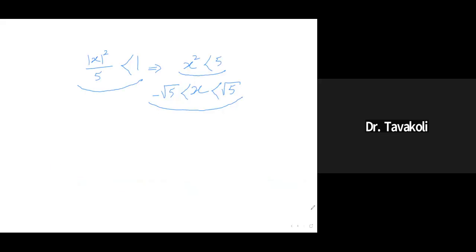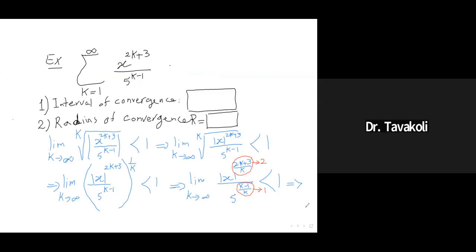For minus radical 5 and positive radical 5, it's not convergent, because you can easily replace x by minus radical 5 or plus radical 5 and see that the general term of the series doesn't tend to 0, so it cannot be convergent.